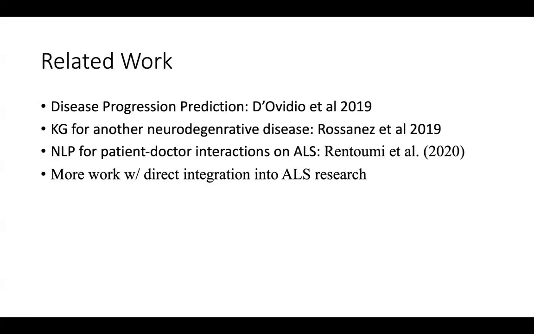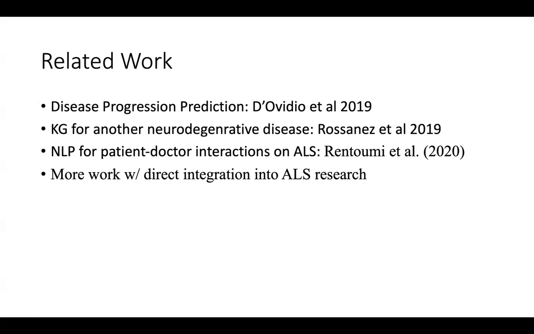Another important paper was done by Rosenaz, who built a knowledge graph for another neurodegenerative disease. Renotomy had performed natural language processing for patient-doctor interactions, specifically for ALS. That happened in 2020.